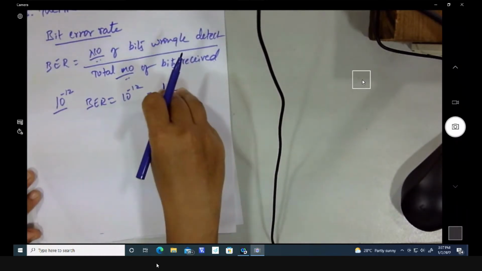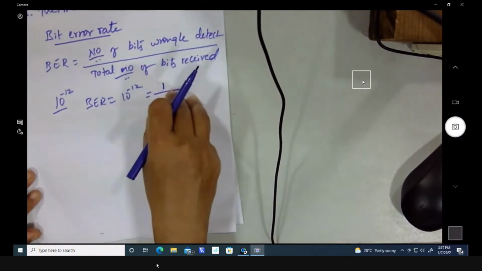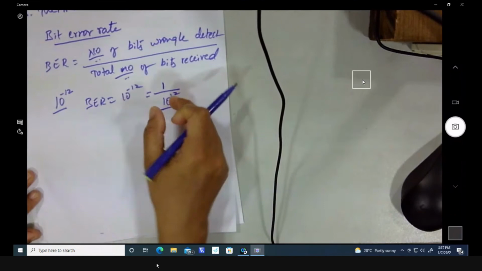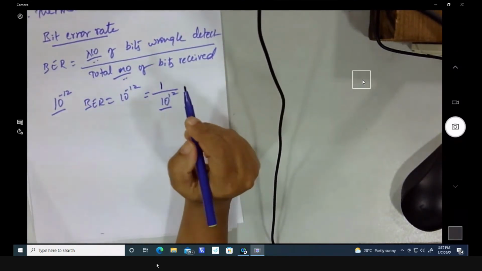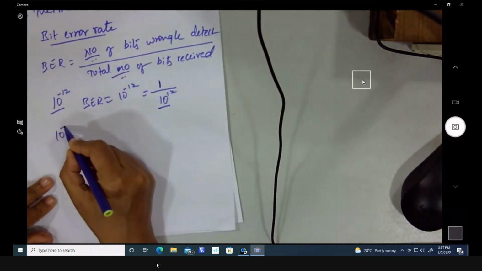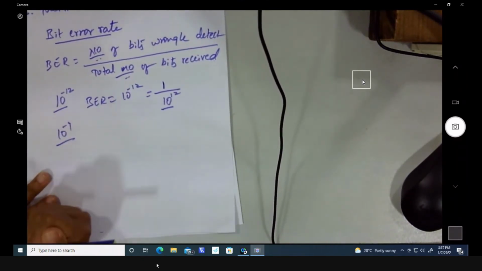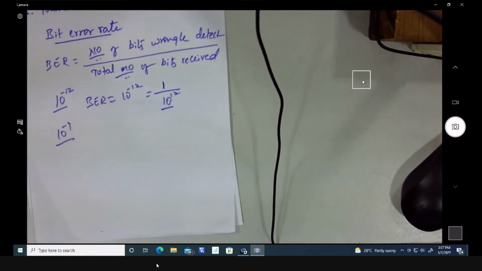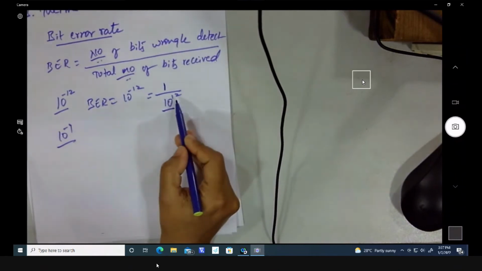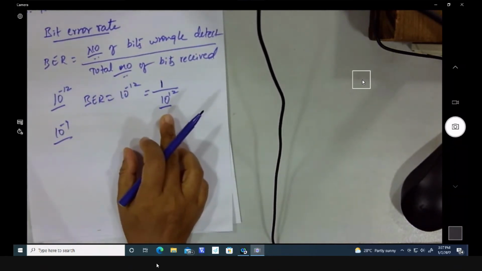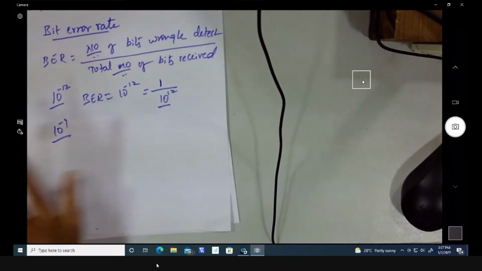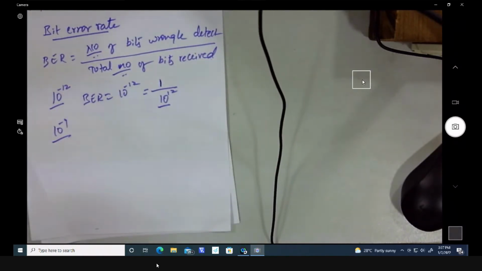So out of 10 power 12 bits received, 1 is wrongly detected. In OFC, it will be in the range of 10 power minus 9 to 10 power minus 12. If we use optical fiber, the number of wrongly detected bits will be very, very less. That means out of 10 power 12 or 10 power 9, only one bit will be wrongly detected. It is very less, so that is why we use optical fiber.